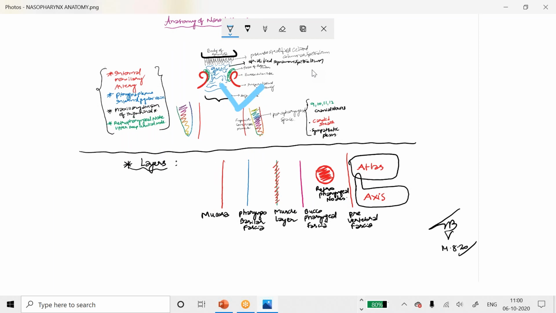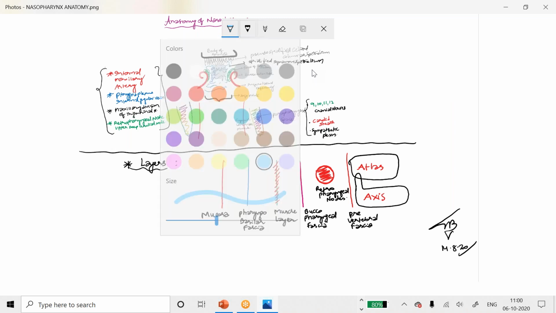Okay. I have projected the picture of the anatomy of the nasopharynx, which I already put there. So now you can understand it once again.